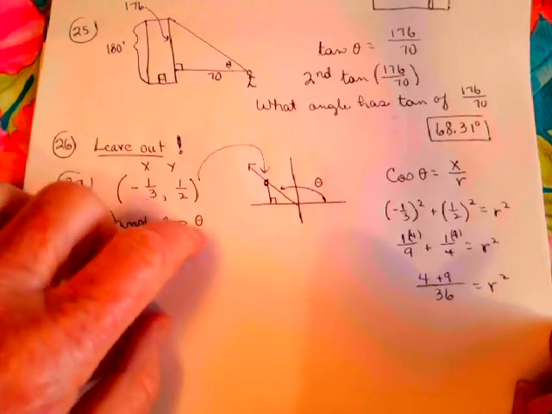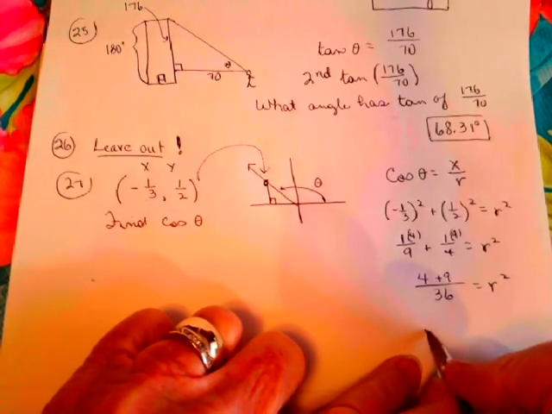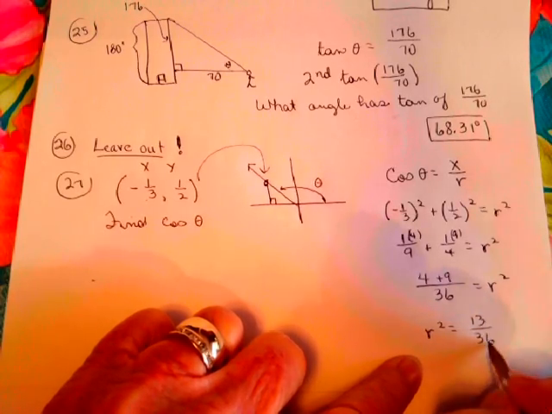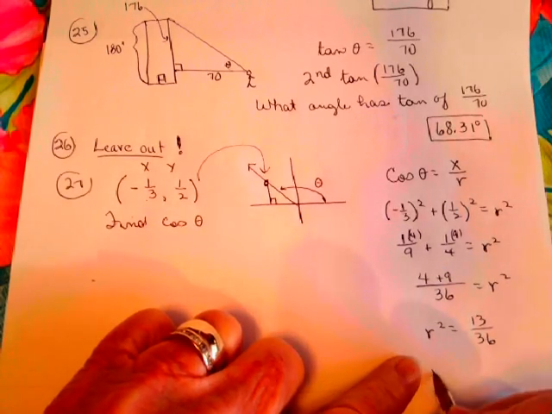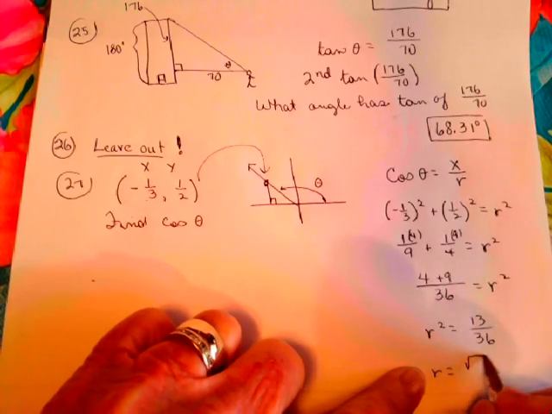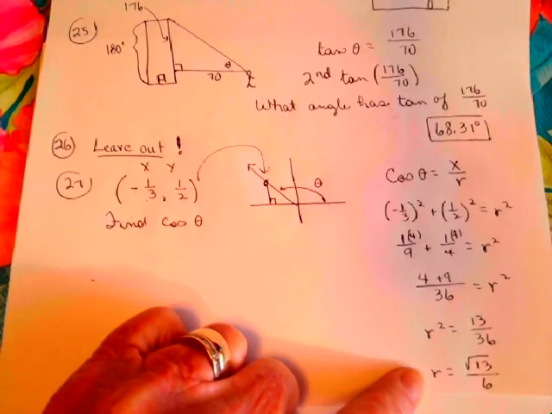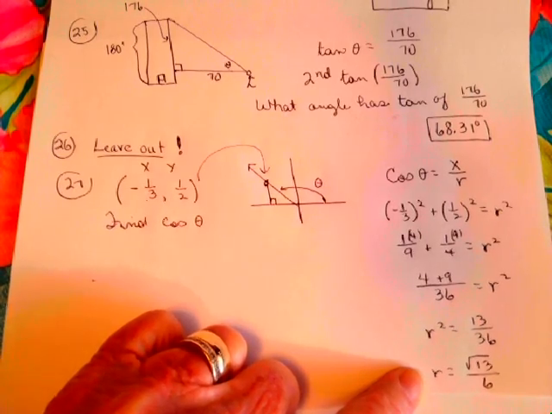I know that r squared equals 13 over 36. R equals the square root of 13 over 6. I know for sure that it's positive because r is always positive.